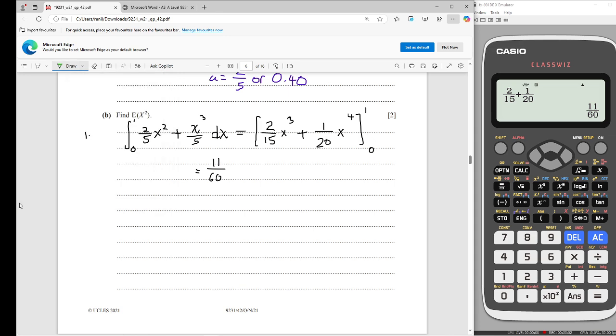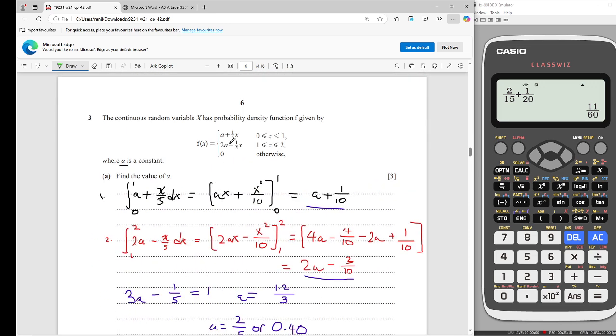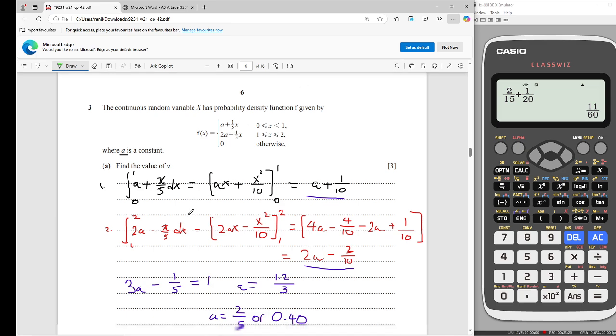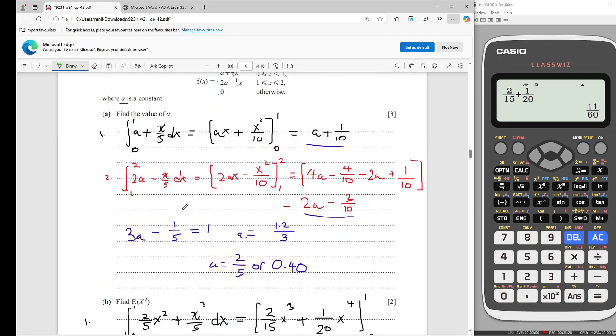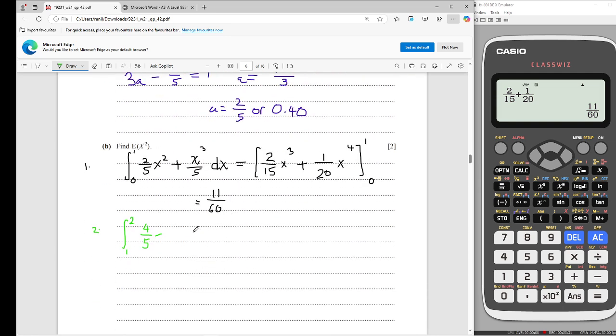Let's go green. So we've got to integrate this with limits 2 and 1. Here a is going to be 4 by 5, minus that with 1 by 5x.